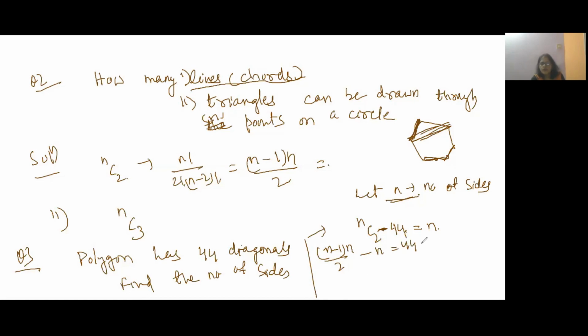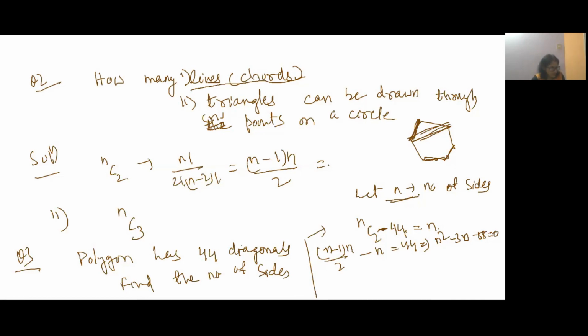So this implies n square minus n minus 2n, so n square minus 3n, then divided by 2, so 88. n square minus 3n minus 88 equal to 0.